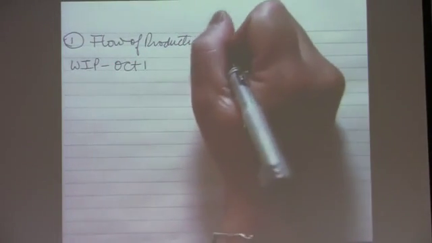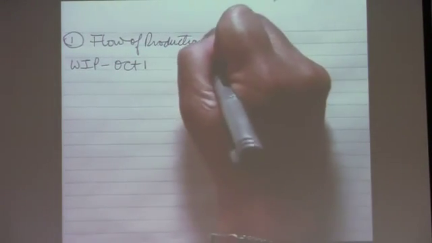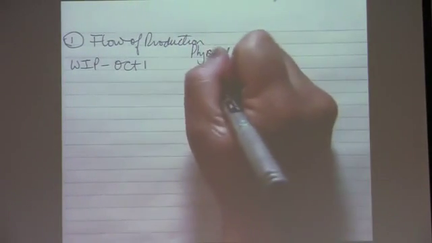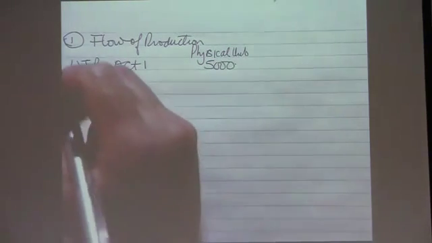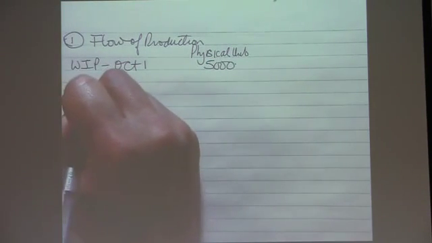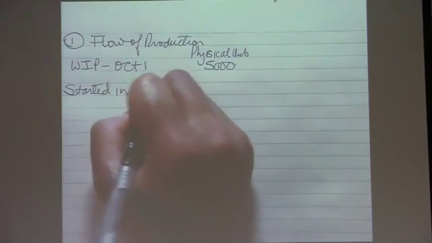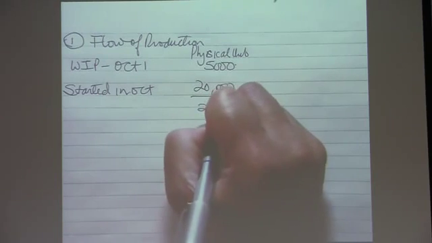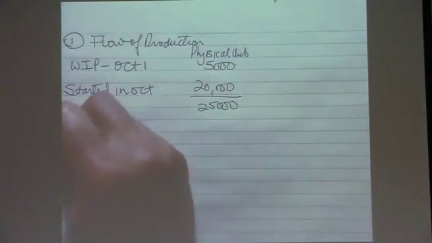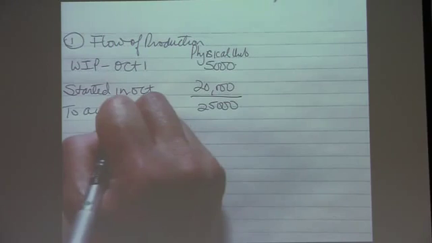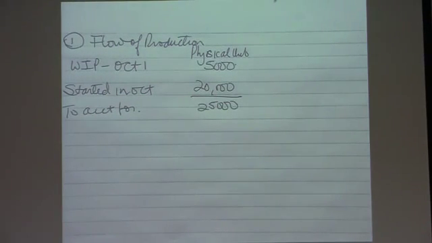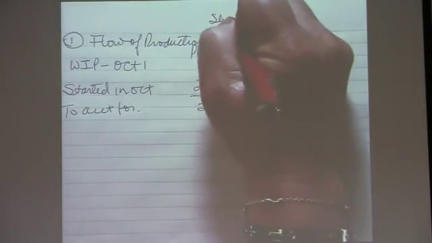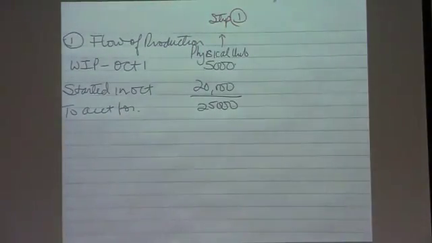We know that the physical units, we had 5,000 units. And how many were started in October? We had 20,000. So we know that we have 25,000 units to account for. And by the way, what I'm doing right now is what we call step 1 of the 5-step approach to process costing.